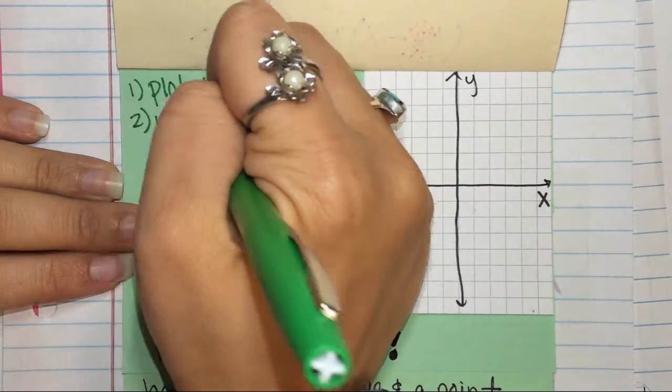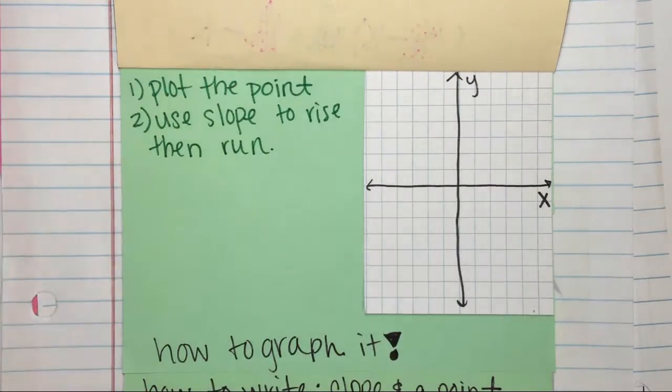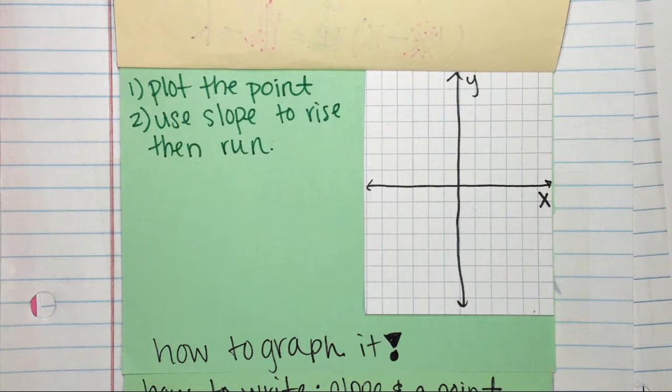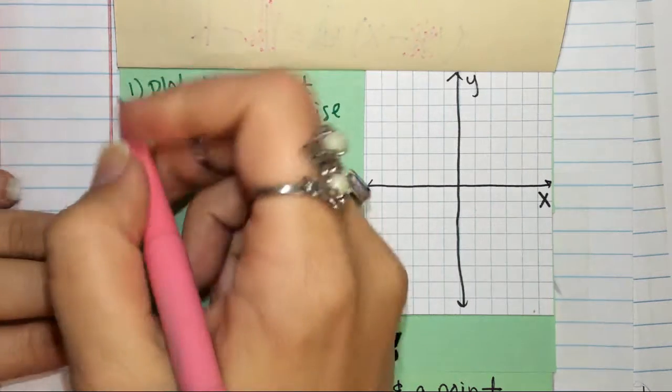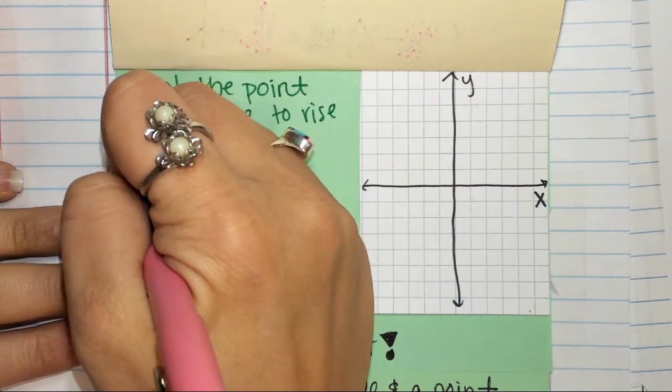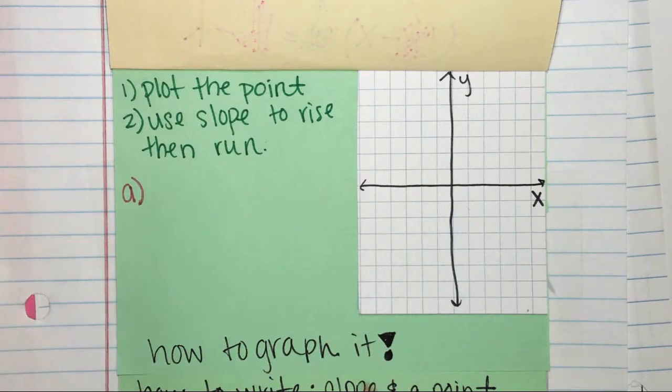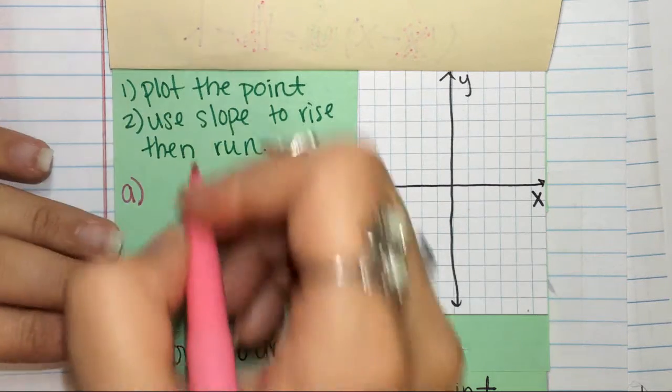Then run. So my first line that I'm going to graph is going to be in this peachy color. We're going to do two different ones. I'm going to make it two different colors so we know what line is what. I highly suggest you do the same thing, but whatever floats your boat.